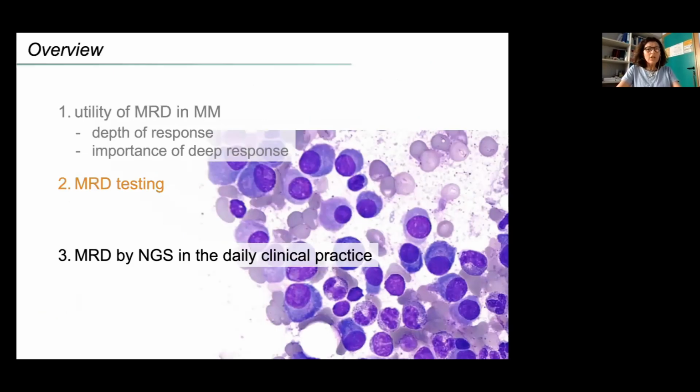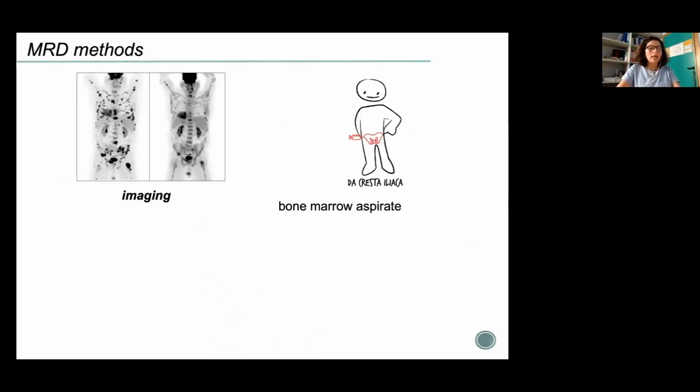So several pieces of evidence support the utility of MRD analysis in myeloma. And how can we measure MRD in myeloma, and what are the most critical features of MRD testing suitable for MRD monitoring? The most commonly employed methods for MRD analysis in myeloma are summarized in this slide.